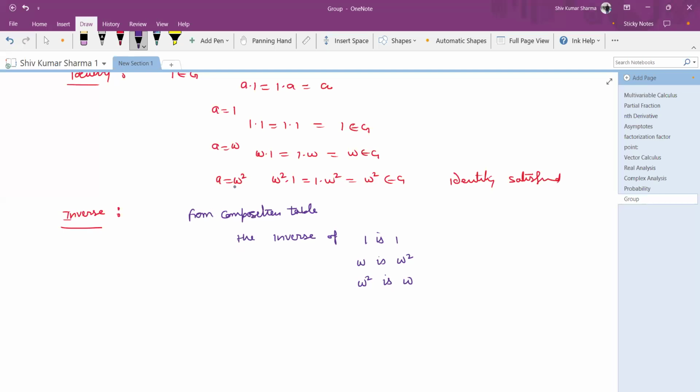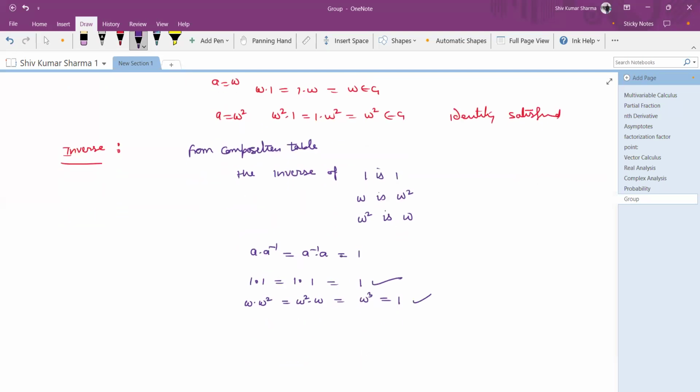Now we shall prove the property of inverse, A inverse into A equals 1, meaning identity. When we take 1, 1 inverse is 1, equal to 1 into 1 gives us 1, satisfied. When we take omega, omega inverse is omega square, equal to omega square into omega gives us omega cube, and omega cube equals 1, cube root of unity. So this is also satisfied. That means the inverse is satisfied. So we have taken the inverses that are correct.